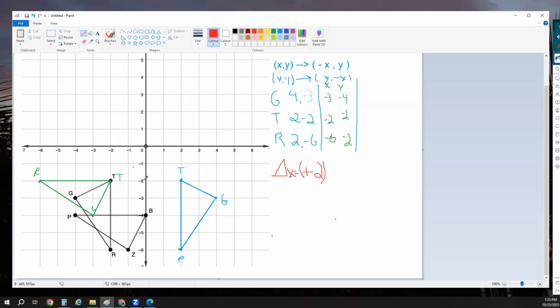And to get down to B, delta y is -2, it's got to go down 2. Same with G: it's got to go over 2 and then down 2. Same thing with R, over 2, down 2. So that checks with the chart. Okay, so our final transformation is (x, y) goes to (x plus 2, y minus 2).